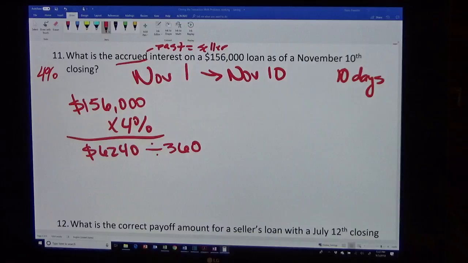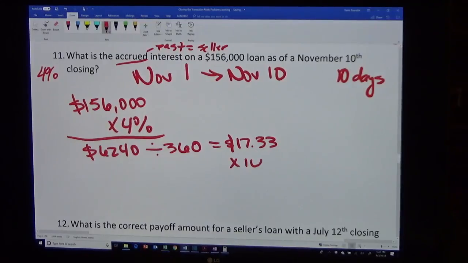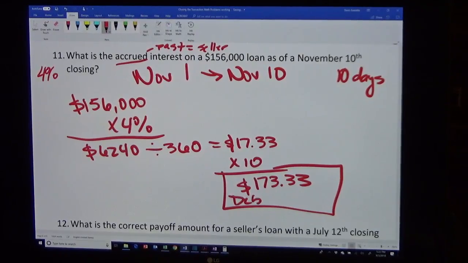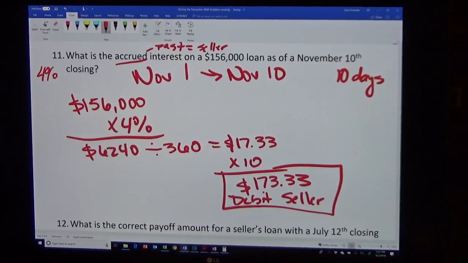That is $17.33 a day times 10 days, which is $173.33 in accrued interest. And of course that's going to be a debit to the seller because it's accrued interest.